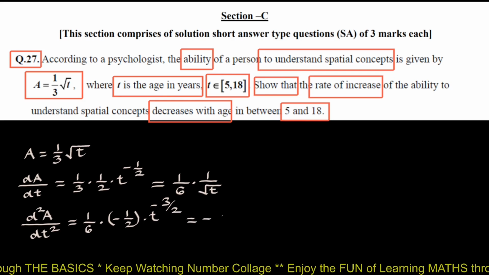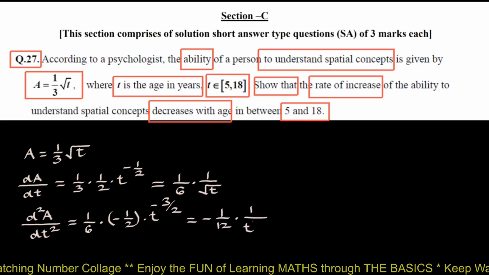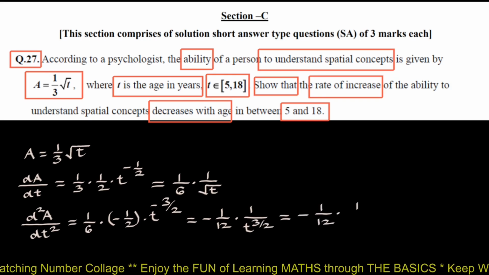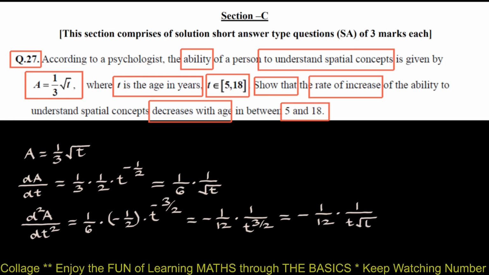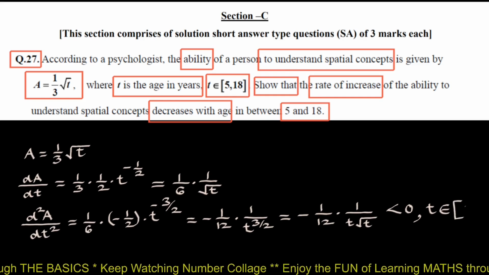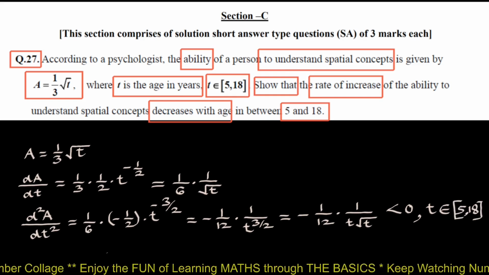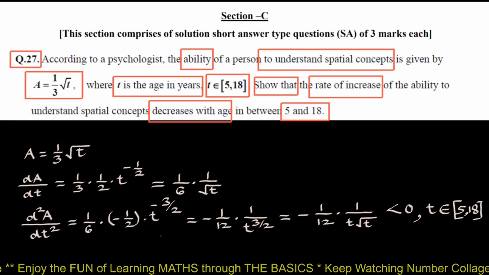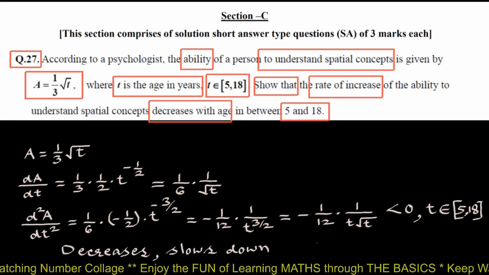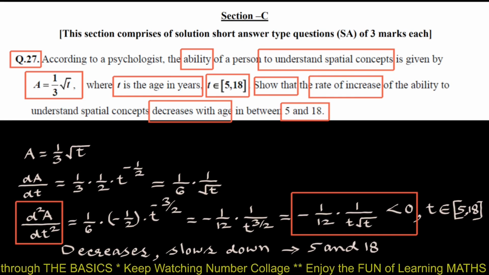That will be minus 1 upon 12 into 1 upon t raised to 3 upon 2, which will be minus 1 upon 12 into 1 upon t into square root of t, which is negative for any age t between 5 and 18. Second derivative being negative, we conclude that the ability to understand spatial concepts decreases or slows down with age between 5 and 18. Second derivative negative.